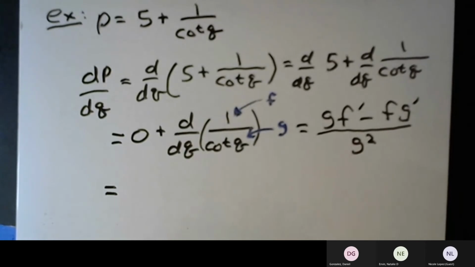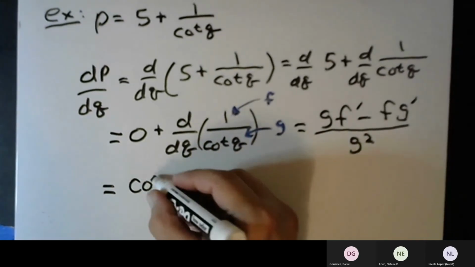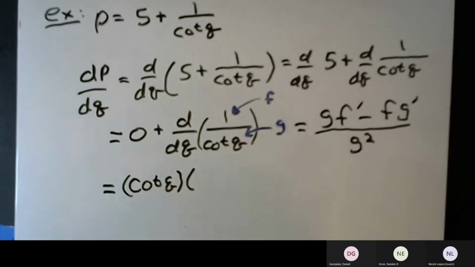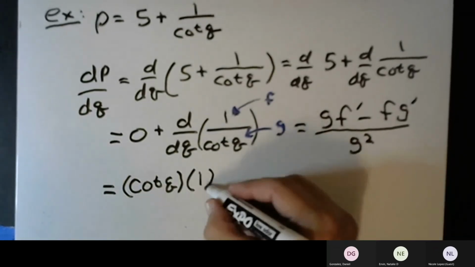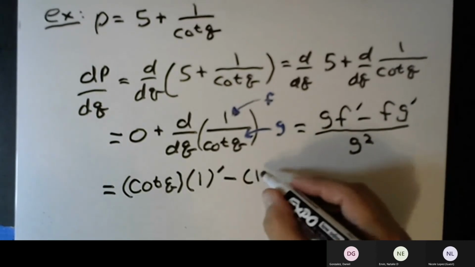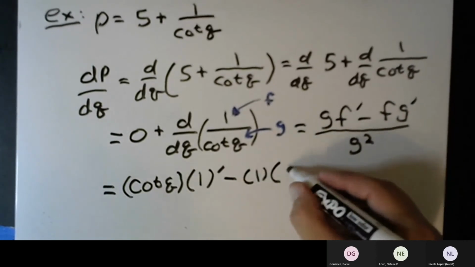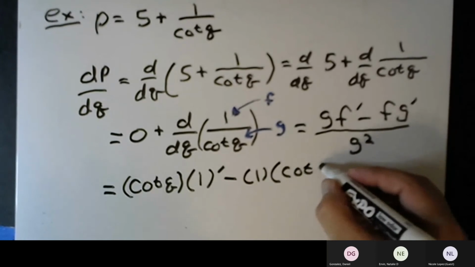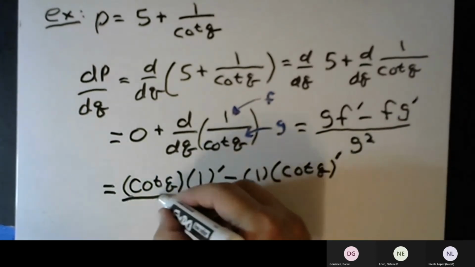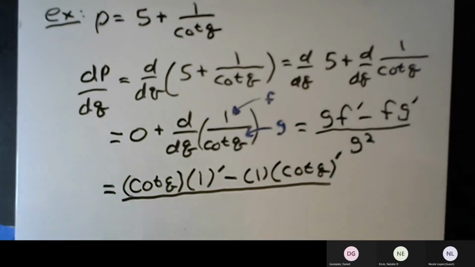Or cotangent q times 1 prime minus 1 times cotangent q primed. Again, that prime means we're going to take the derivative.